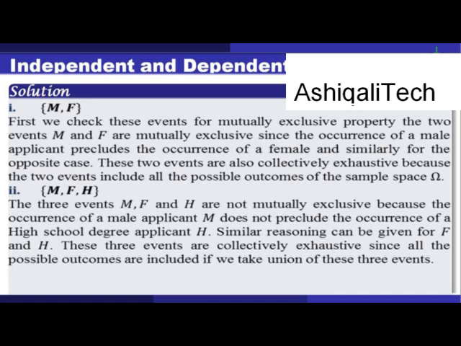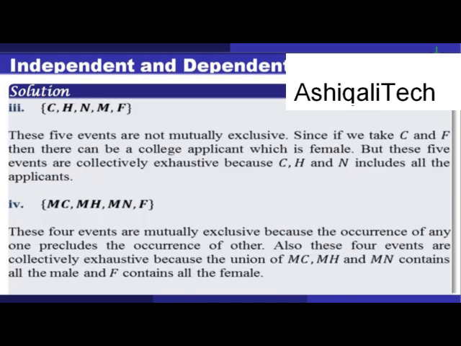So these three events are collectively exhaustive since all the possible outcomes are included if we take the union of these three events. Consider example 3 where we have C, H, N, M and F. These 5 events are not mutually exclusive since if we take C and F, then there can be a college applicant who is a female, but these 5 events are collectively exhaustive because C, H and N include all the applicants.